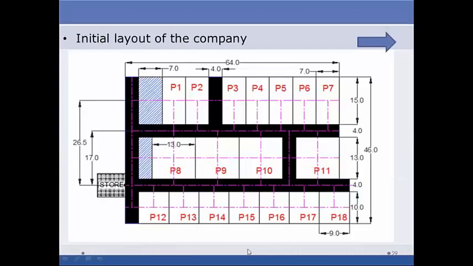Now coming to this particular case study, this is the layout of the press shop of the industry. This is press 1, or we can say position 1, position 2, position 3, position 4, 5. In such a way, there were 18 positions, or locations, and on these 18 locations, 18 presses were there.